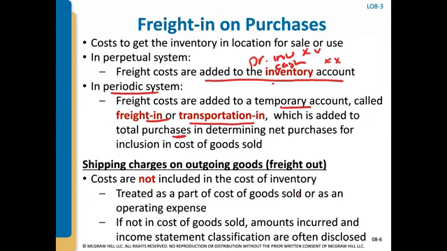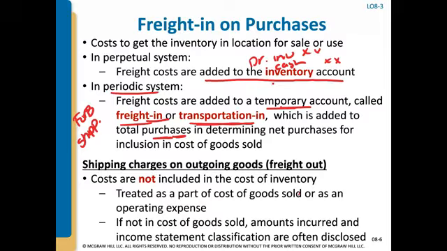But in the periodic inventory system, it goes to the temporary account called freight in or transportation in, which is added to total purchases at the end of the period. So this is when you have FOB shipping and the buyer is responsible for the inventory as soon as it ships out, and they own that inventory.